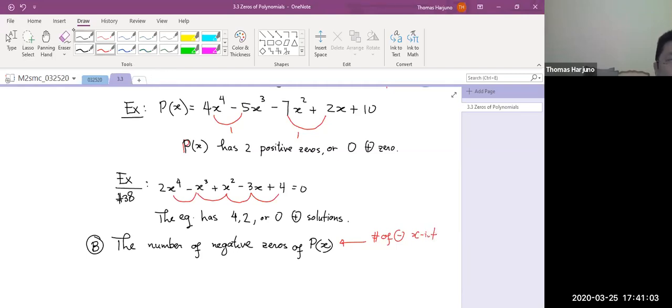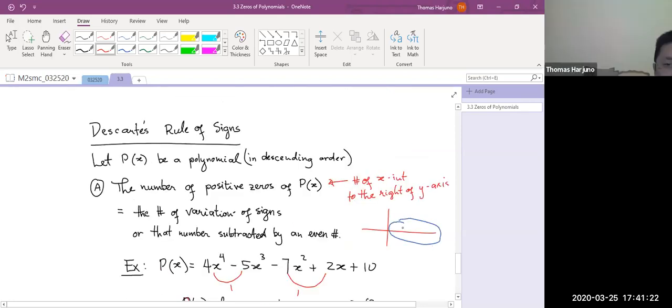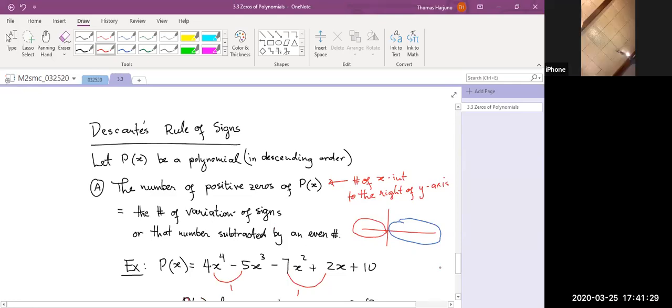Or to be more precise, the number of X-intercepts to the left of the y-axis. So instead of the right-hand side, this will give us the number of X-intercepts on the left-hand side of the y-axis.